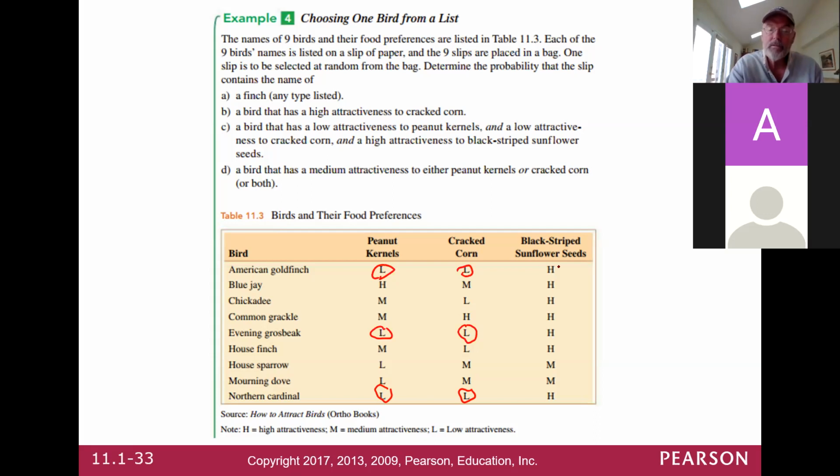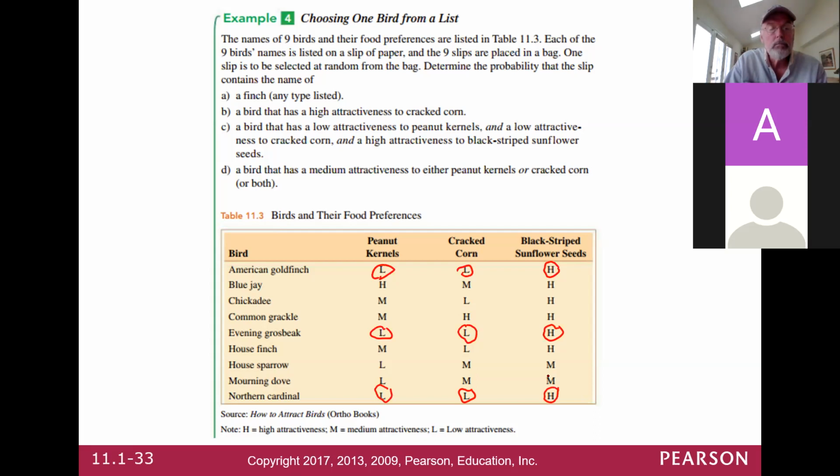And that is this here, here, and here. So that would be 3 out of 9. That follows that particular outcome. Everybody see that? So that's going to be 0.33. Yep, that's right. Questions?